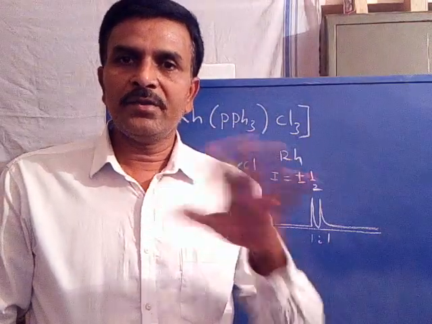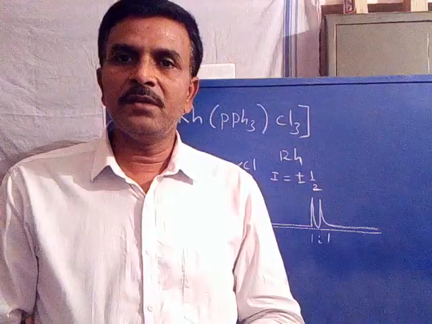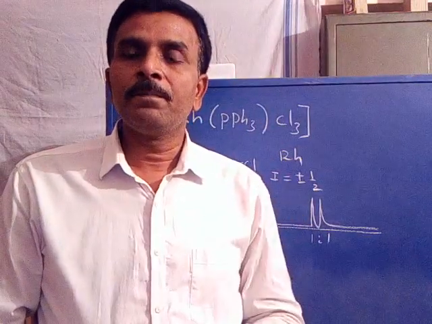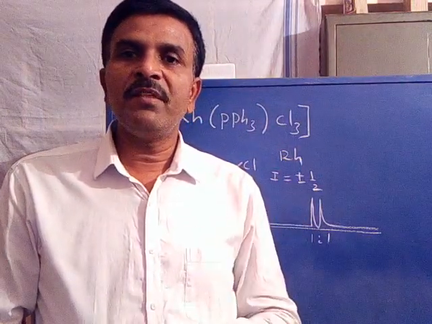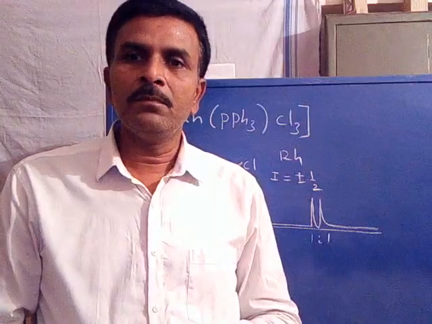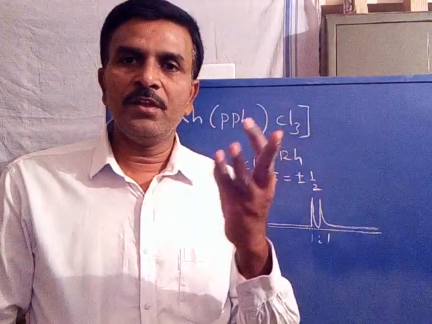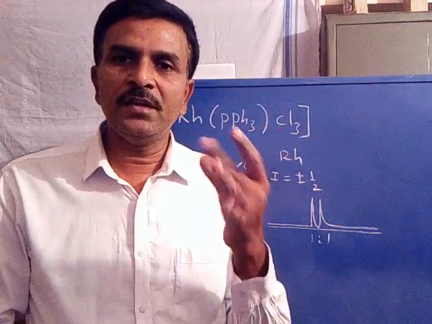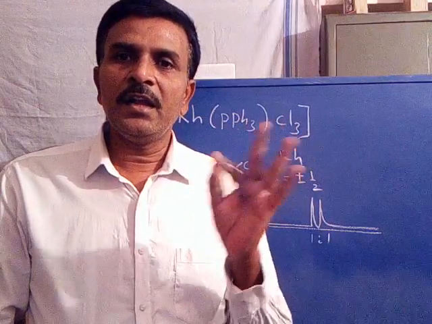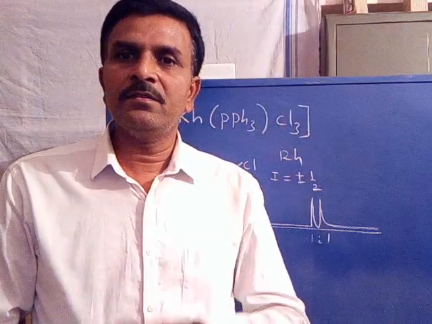Followed by that, we discussed the simplification of complex NMR spectra. There are 4 methods: double resonance, use of lanthanide shift reagents, NOE technique, and increasing field strength. 4 methods we completed.